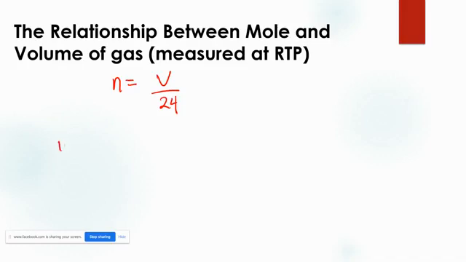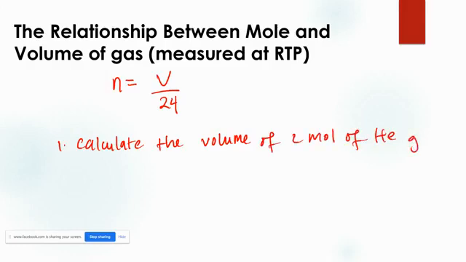For example, calculate the volume of 2 moles of helium gas. So let's use this formula or equation. Moles equal to volume divided by 24.